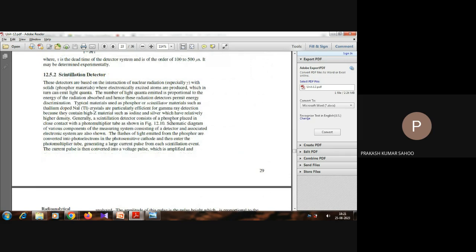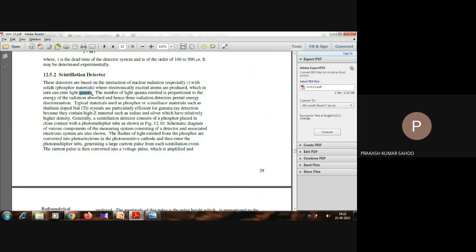Then the scintillation detector. In a scintillation detector there is interaction of nuclear radiation, especially gamma radiation, with solids, that is phosphor materials, where electronically excited atoms are produced, which in turn can emit light quanta. Light quanta means a packet of light.